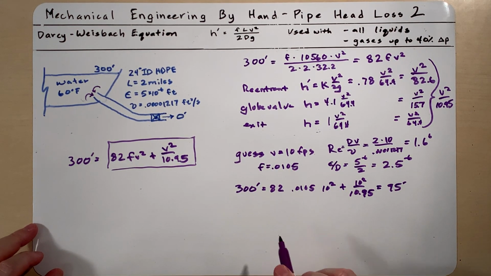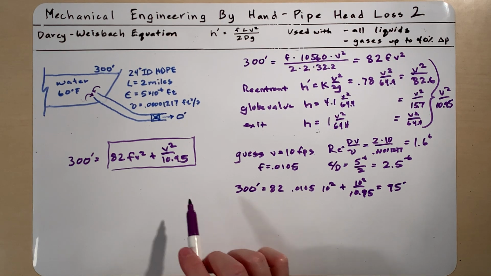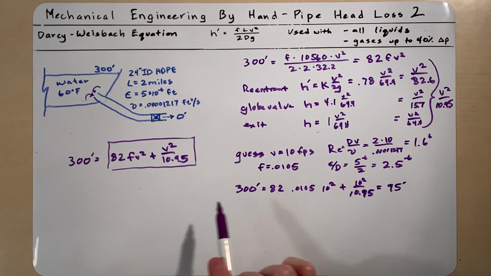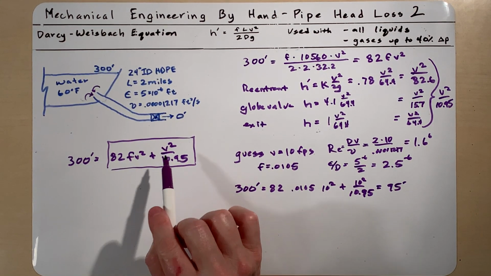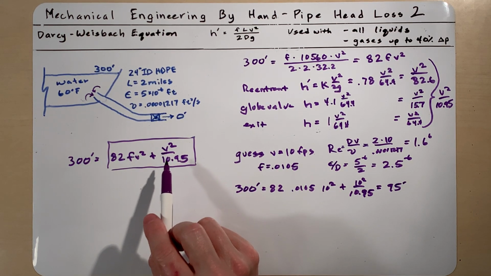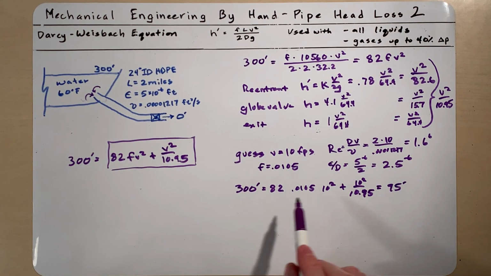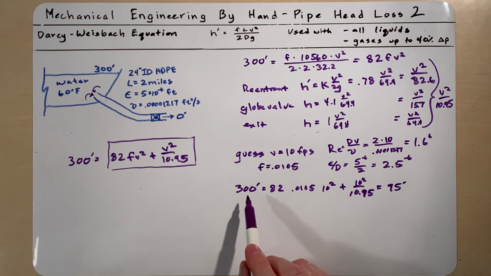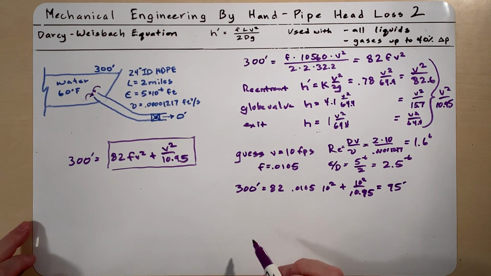Now, because this head loss depends on the flow rate squared, we can take a ratio of this and what we want, and then just take the square root to estimate a new guess.